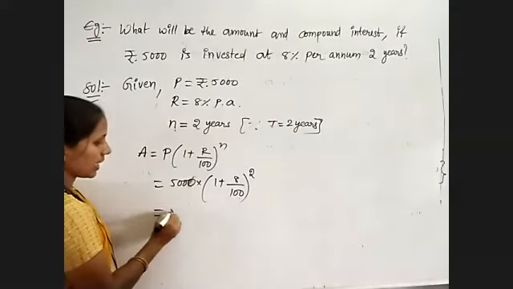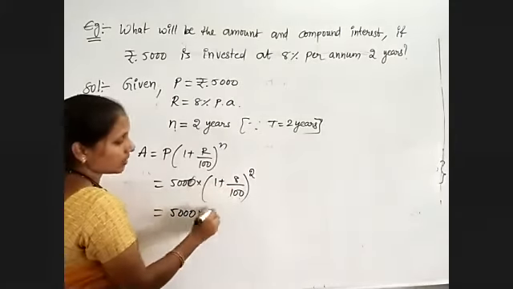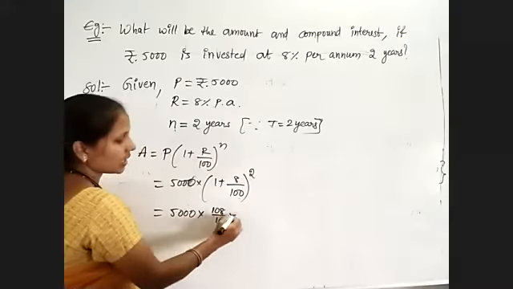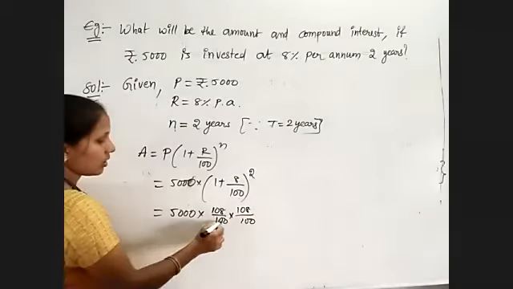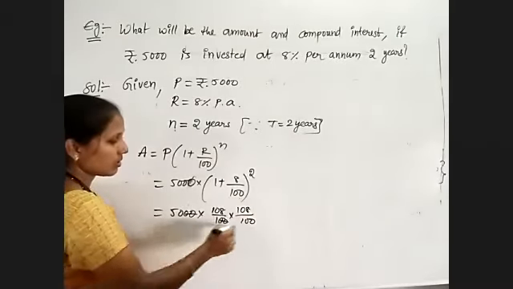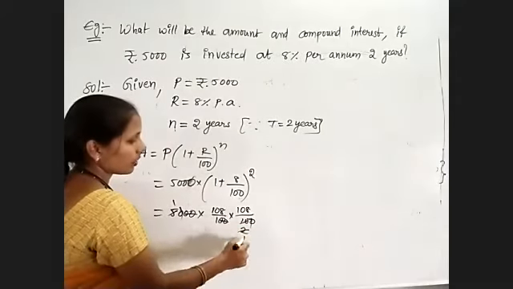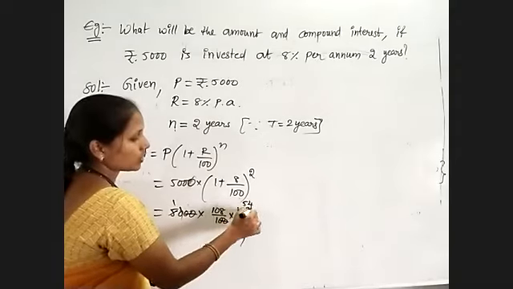Now do the calculations. 5,000 into (100 plus 8, that is 108, by 100) whole square. That is nothing but 108 by 100 into 108 by 100. 2 zeros will get cancelled. 5 ones are 5, 2 fives are 10, 2 fours are 8.